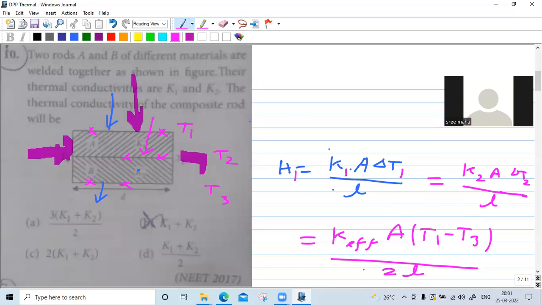Area is same, the temperature difference is T1 minus T3, and the length is 2L. So from this we can get delta T1 and delta T2, and if I add them, T2 will knock out and we get the relation. I think you got the answer now. So what is the answer?